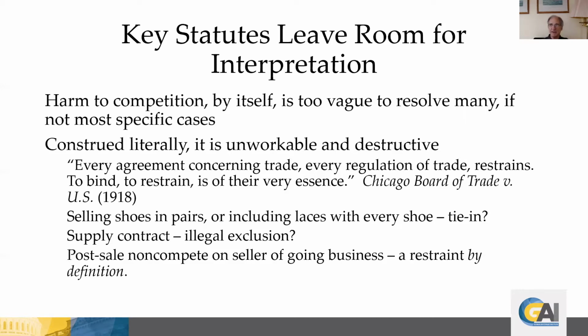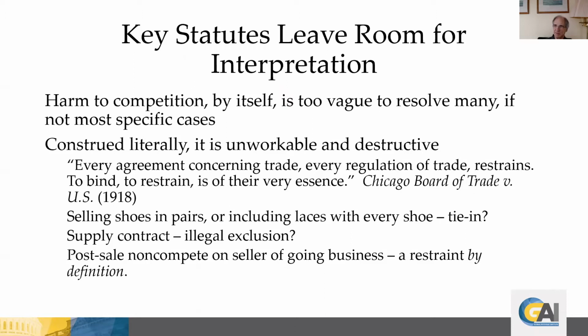So if the language were interpreted literally, there's a lot of common, ordinary, harmless, and beneficial business conduct that would be strictly prohibited. For example, would it be legal to sell shoes in pairs? You could say it was a restraint to require the consumer to purchase both a left shoe and a right shoe.